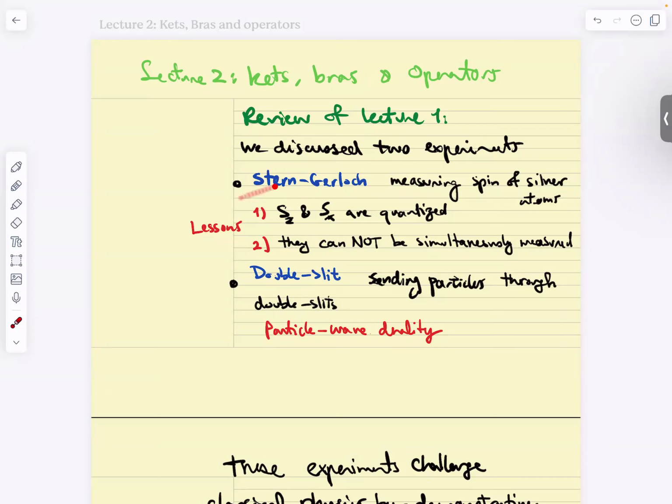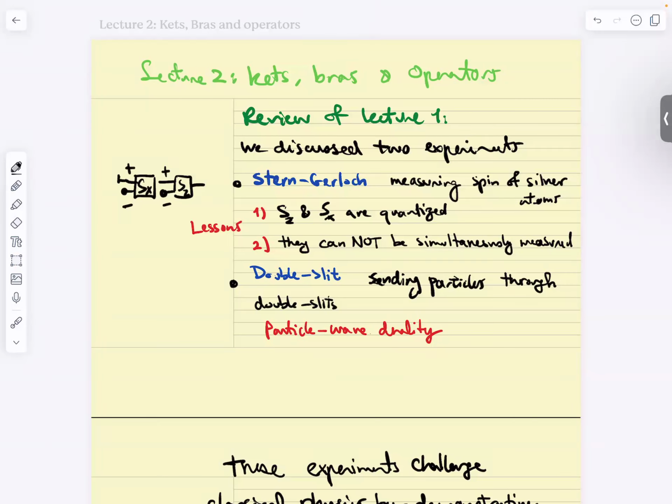That was lesson 1. The more important lesson, which was somewhat shocking, was the statement that we could not measure SZ and SX simultaneously. To make that point, we went through this setup where we first measure SZ, discard the bottom component, the one that had negative h bar over 2, keeping the top one, then send the plus h bar over 2 for SZ through SX, discarding the minus, keeping the plus.